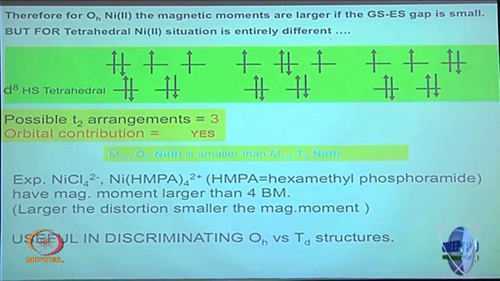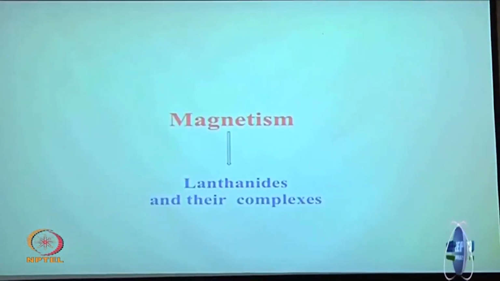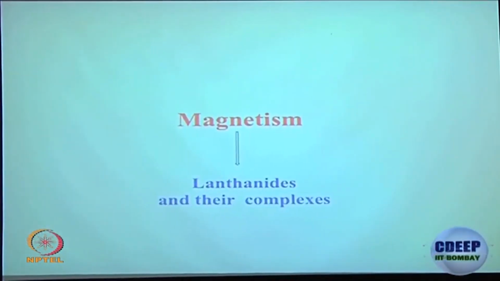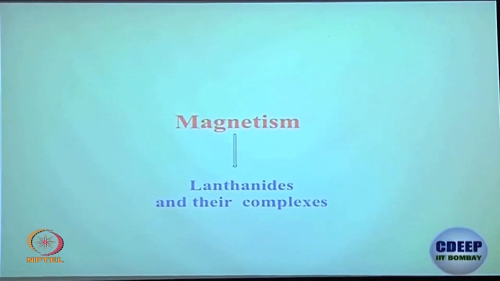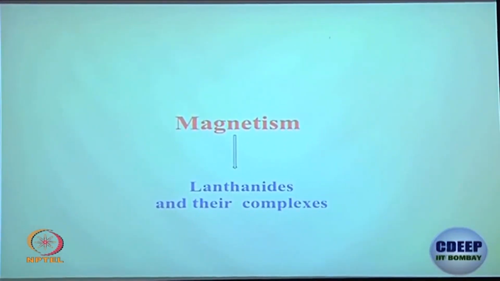That's the reason. And actually for 2 unpaired electrons, it can go up to 4 Bohr magneton. Okay, BM is the unit for magnetic moment. It's okay, it's given. Now, so far we have discussed the d block elements.